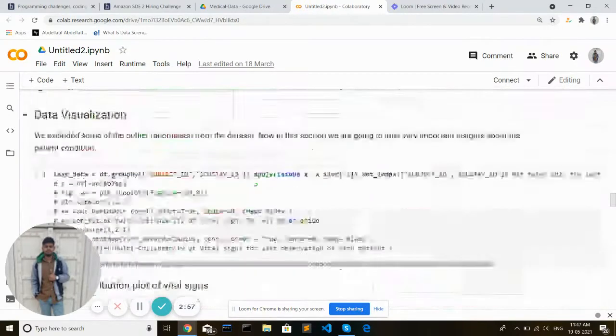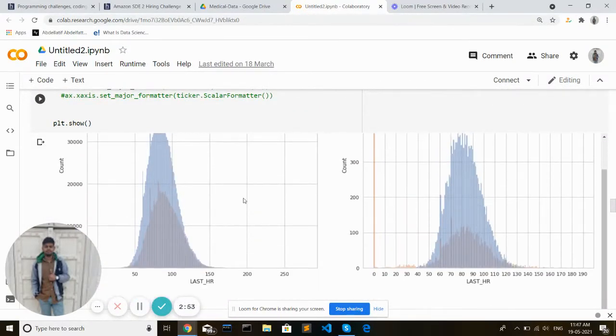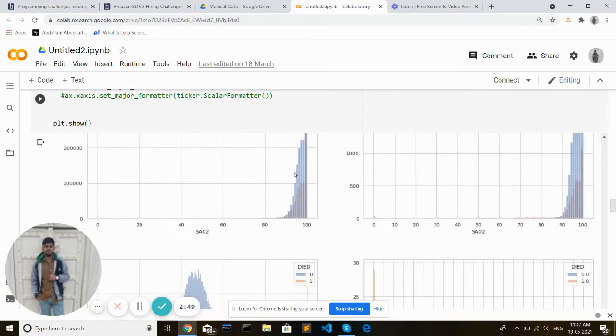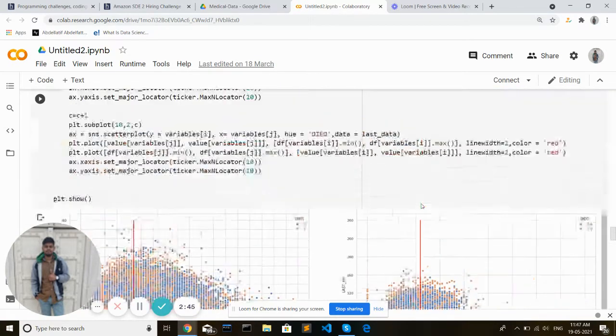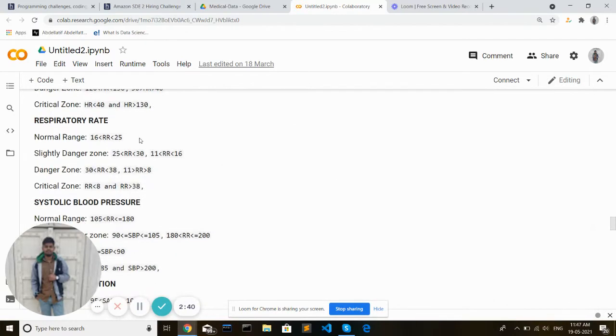We also remove some outliers using our domain knowledge, and after that we look at graphs between survivor and non-survivor patients, and I note down all the possible ranges: what is the critical zone, what is the normal range, what is the likely danger zone.